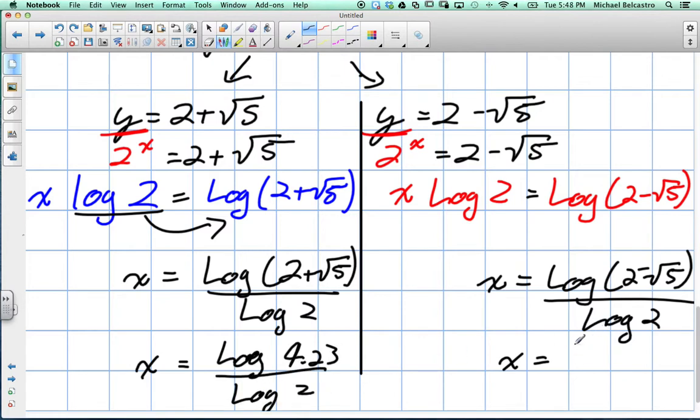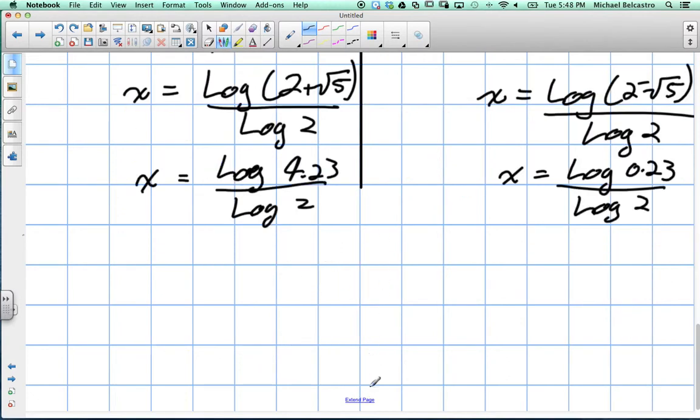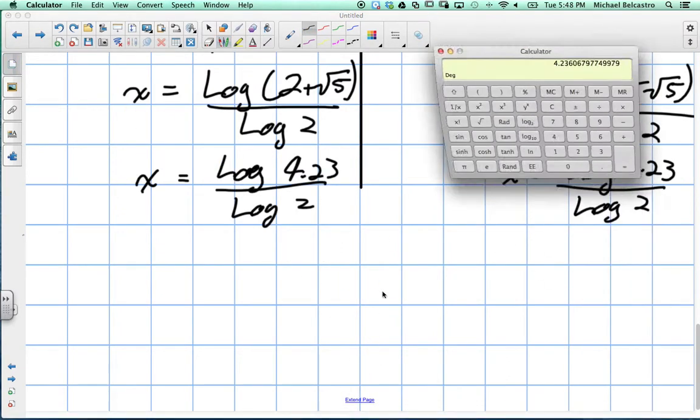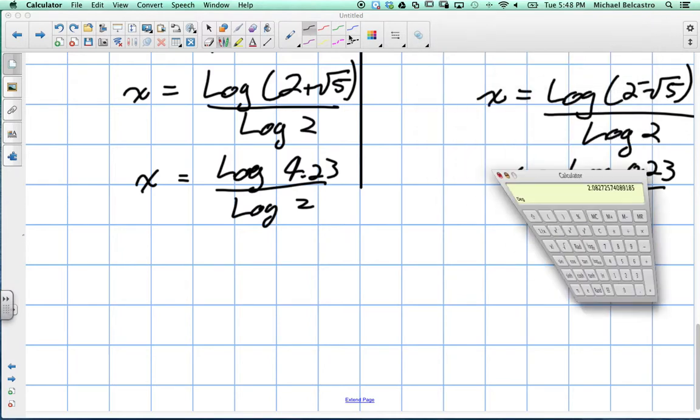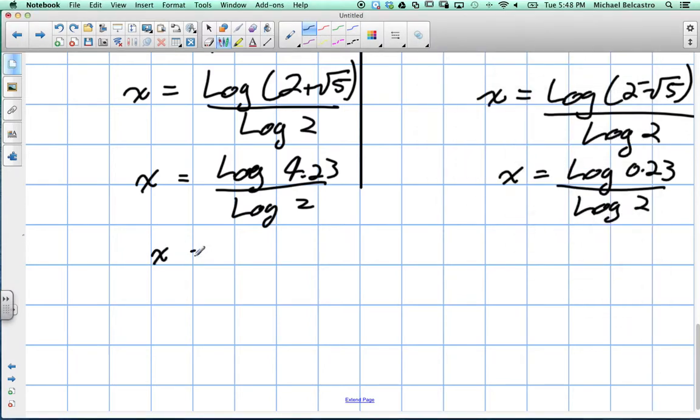And I think this other one is going to be log 0.23 over log 2. Then from there, we'll get our rounded values with our calculator. So log base 10 of this number divided by log base 10 of 2 is equal to 2.08. So our x value is 2.08.